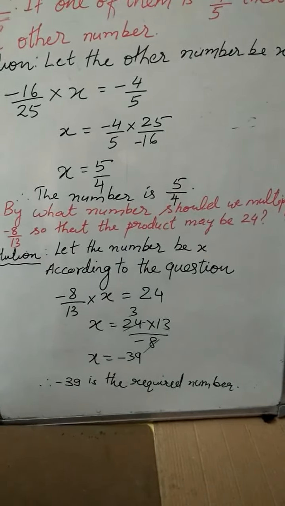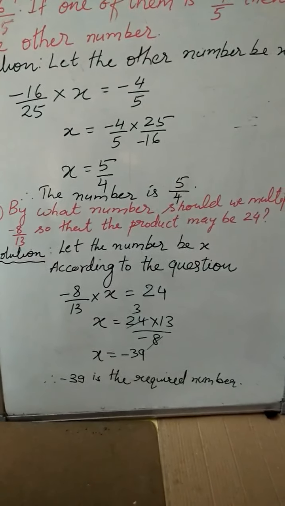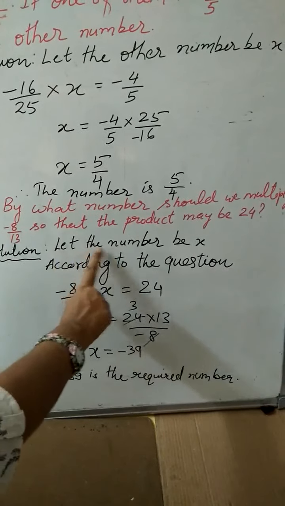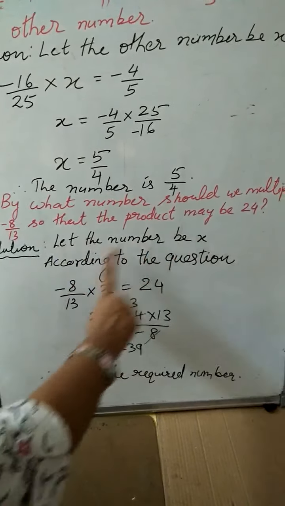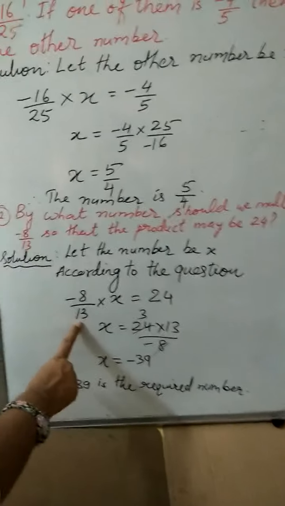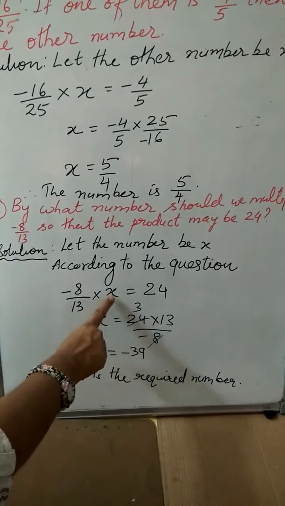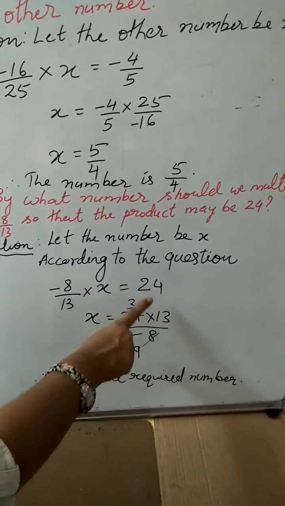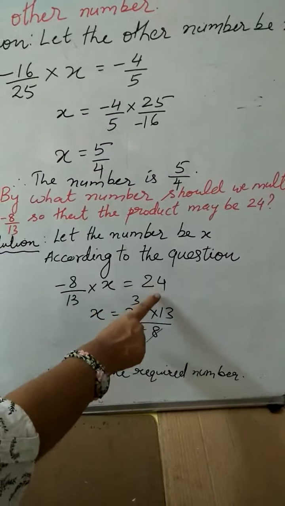So we have to suppose that the number is x. Here is the statement. The way you have to write, let the number be x. According to the question, minus 8 by 13 is multiplied by that number x, which gives 24, that means it is equal to 24.